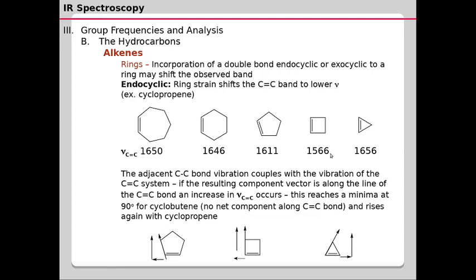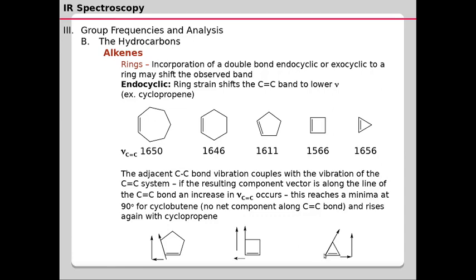But once we go further to the case of cyclopropene, then unlike cyclobutene, the angle between the carbon-carbon single bond and the carbon-carbon double bond gets reduced to less than 90 degrees. The bond angle is almost 60 degrees here.